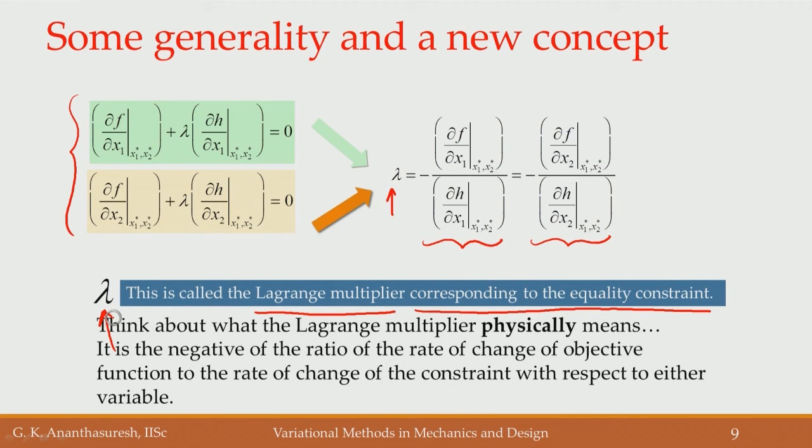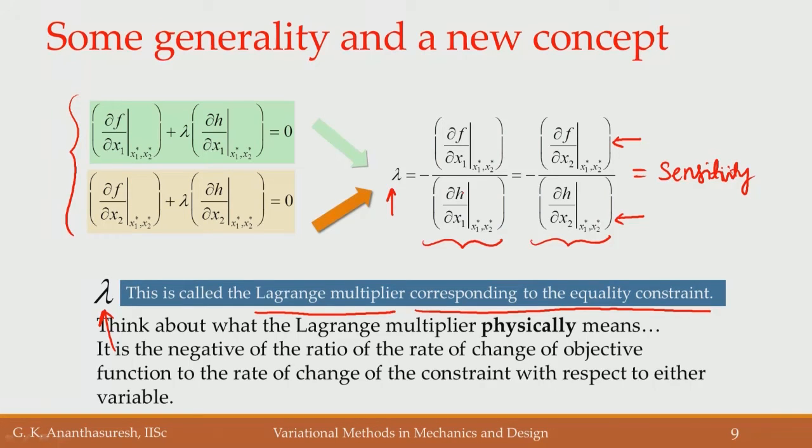Okay. And think about what this Lagrange multiplier means. It is nothing but sensitivity. What do we mean by that? It shows that if there is a small change in the constraint, it tells you what change is going to be in the objective function with respect to that variable, for that matter any variable, because this is valid for x1 and x2.